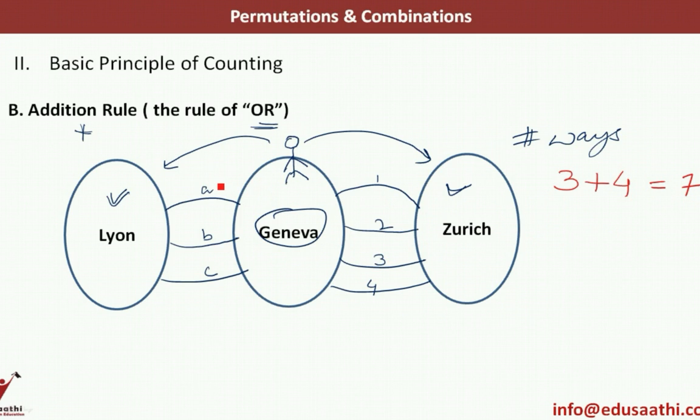So I could move from Geneva to Lyon using these three paths. So I start from here and I end up here. I can do this only three ways. Or I can go from Geneva to Zurich using four ways. There is no and. Either I will come to this city or I will go to Zurich. So that is why we use this plus sign. So we will have 7 ways.